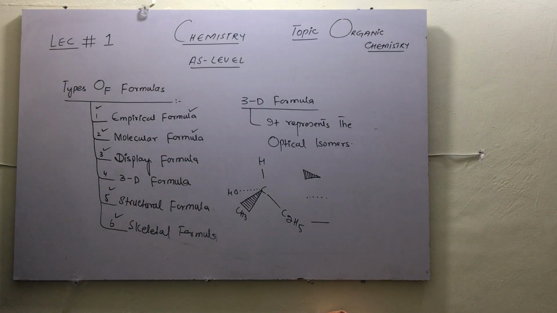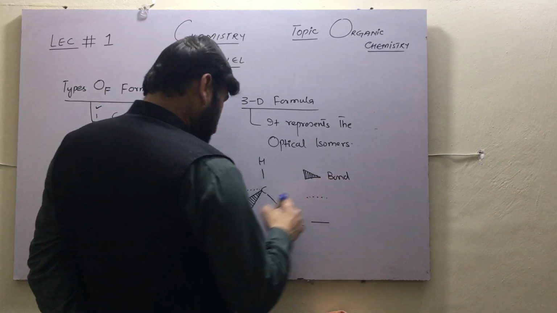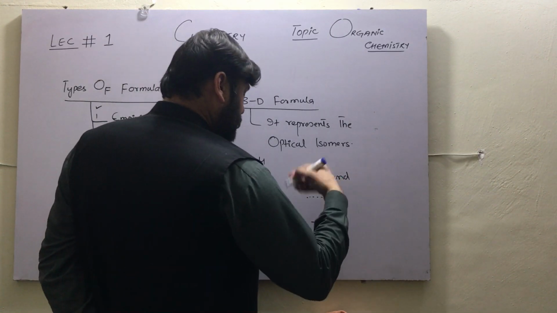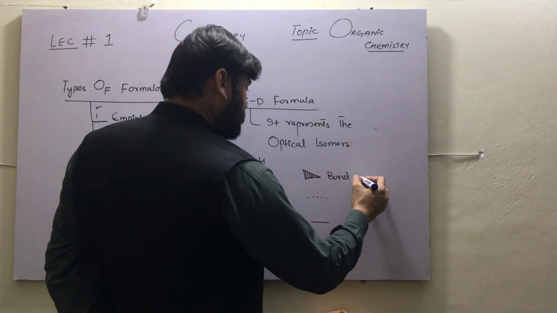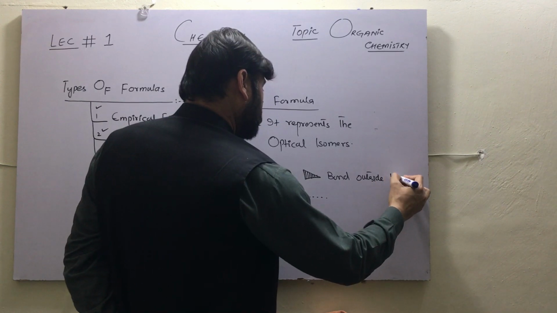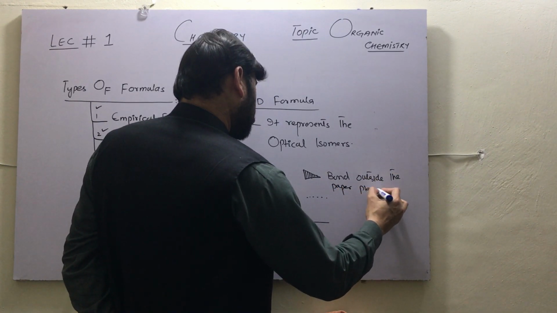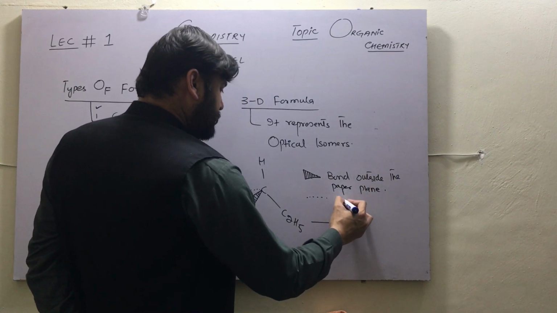So what is the difference between these 3 types of formulas? Let me give a little bit of an idea. This is a type of bond, and it is outside the paper plane. This one is inside the paper plane.